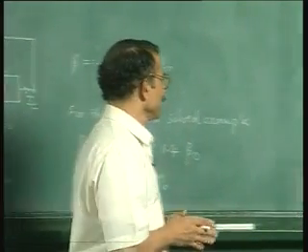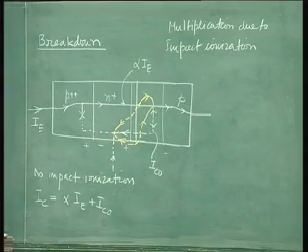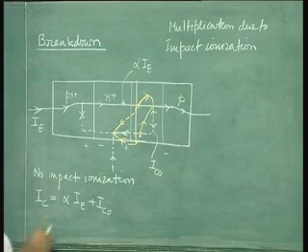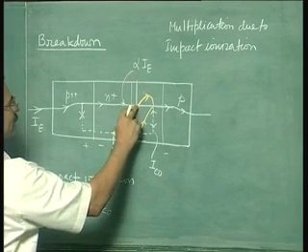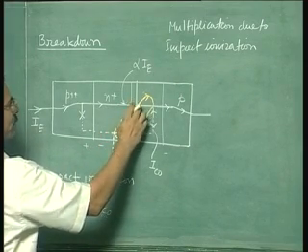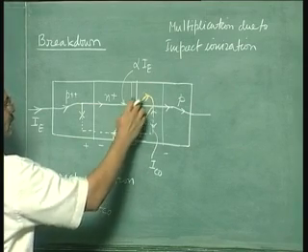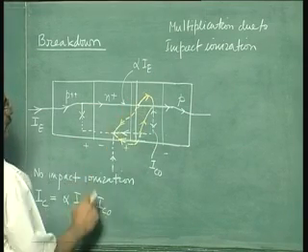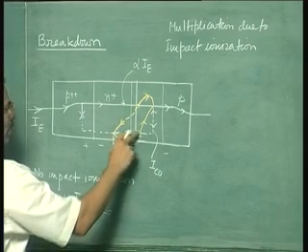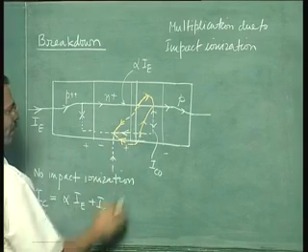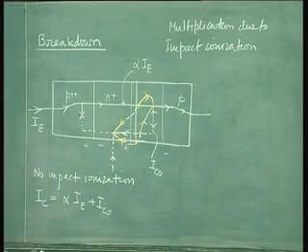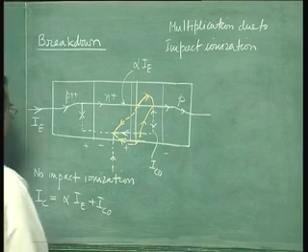Now, in the presence of multiplication, what is happening? This alpha IE current is getting multiplied. So you have this additional current shown here by this yellow electron hole pair generation. Similarly, IC naught also is getting multiplied, okay, because of impact ionization.